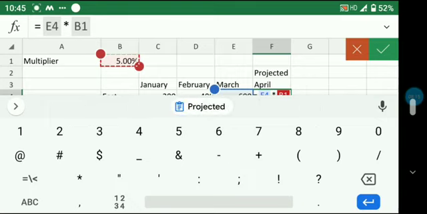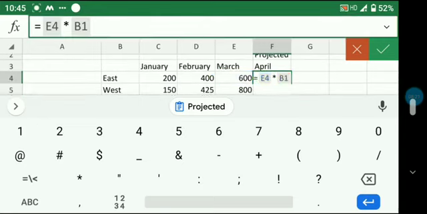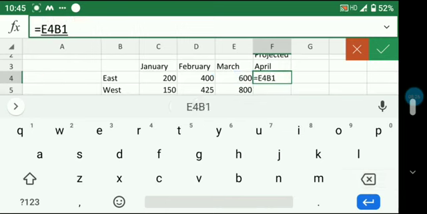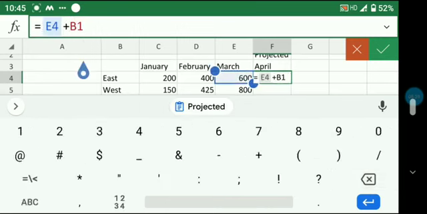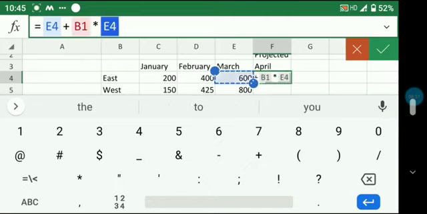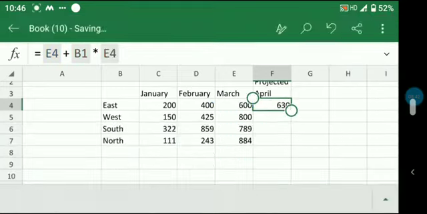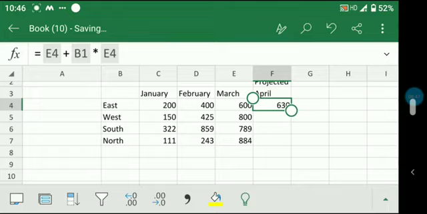Then the plus is there, then multiplier into the sale of March again. So this is the formula: March sale plus multiplier into the sales achieved in March. So I have written the formula. If you press enter, then you are getting the value 630.